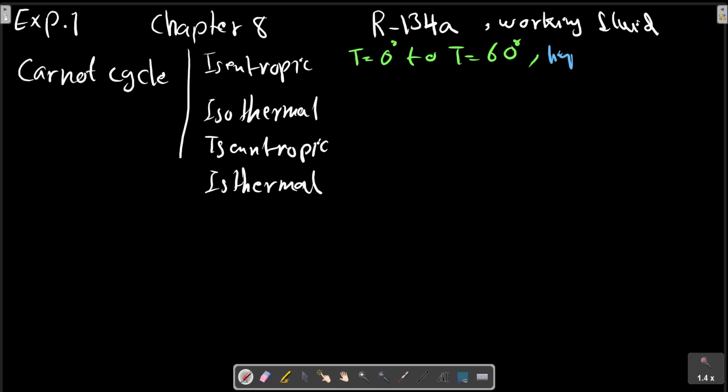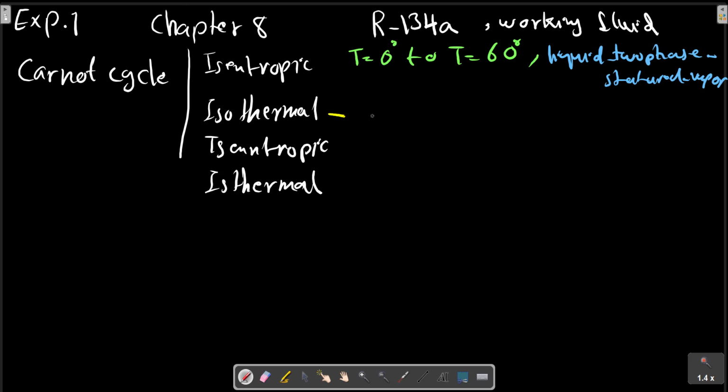Liquid, two-phase, and saturated liquid, saturated vapor. Third stage, and for the heat is rejected from the R134A at 60 degrees isothermal.